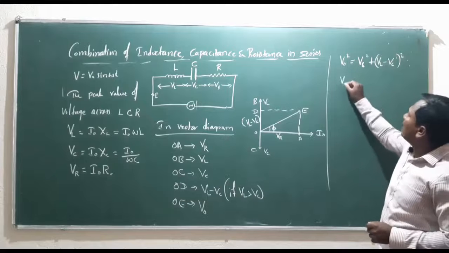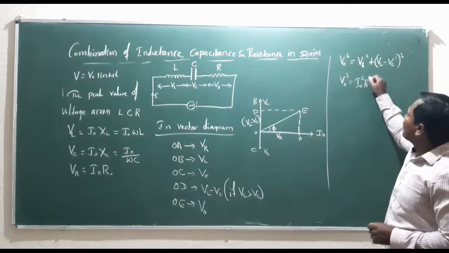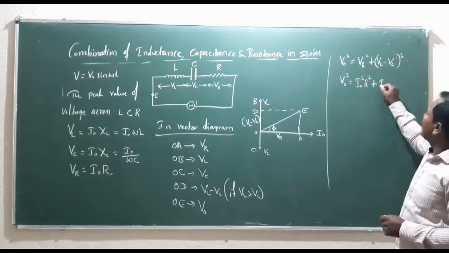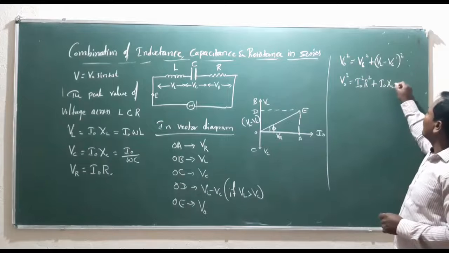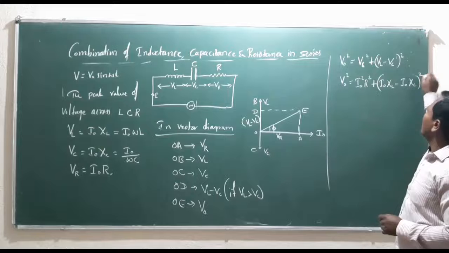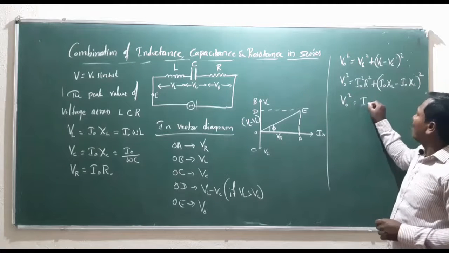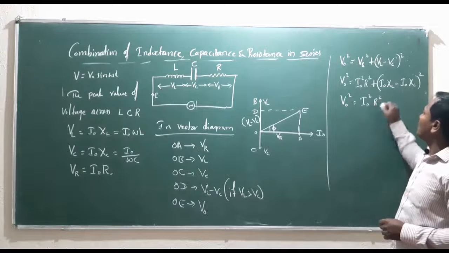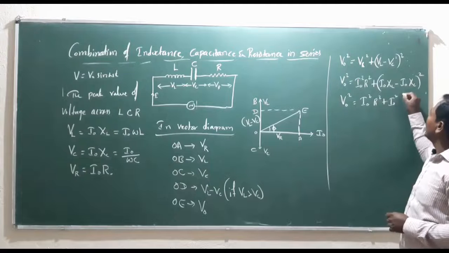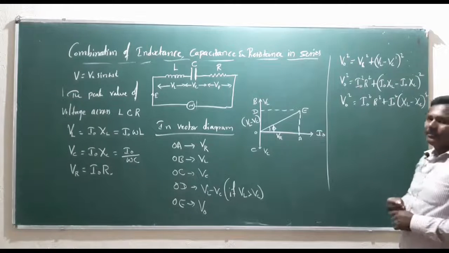Now V naught square is equal to I naught square into R square plus, here VL in the sense I naught chi of L minus I naught chi of C, whole square. V naught square is equal to I naught square R square plus I naught square into (chi of L minus chi of C) whole square.